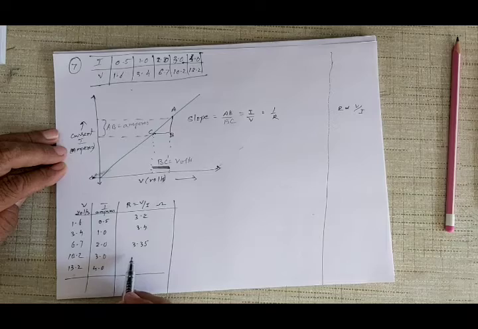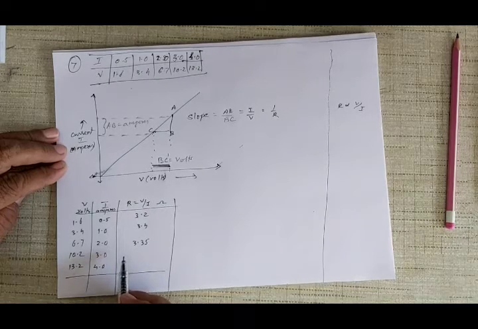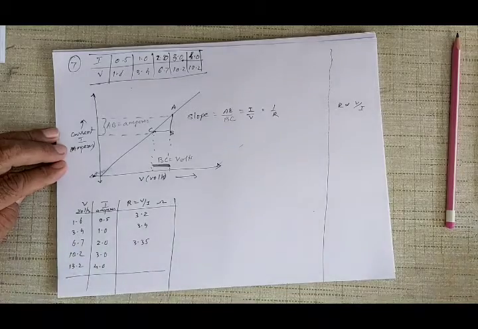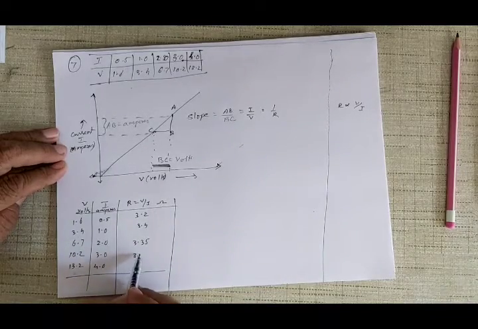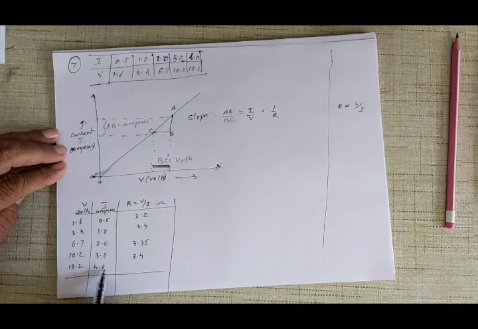Then 10.2 divided by 3 comes to 3.4. And finally 13.2 divided by 4, V upon I, comes to 3.3.